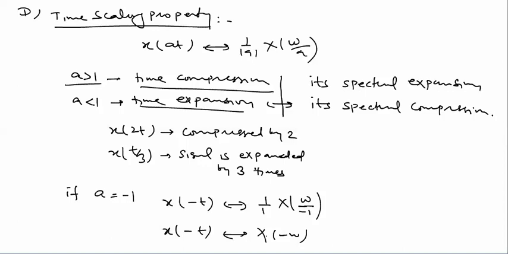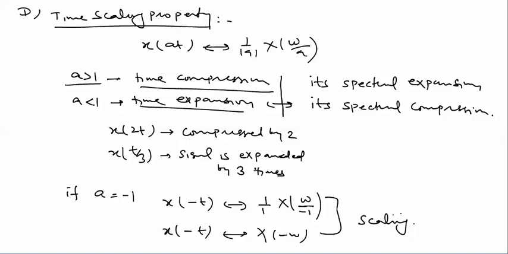If we replace t with minus t, meaning inversion of the signal, then the spectrum is also an inversion of the previous spectrum. Time inversion gives frequency spectrum inversion also. It is a specific case of scaling.